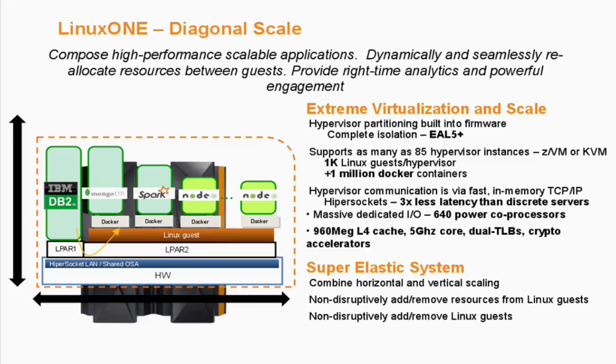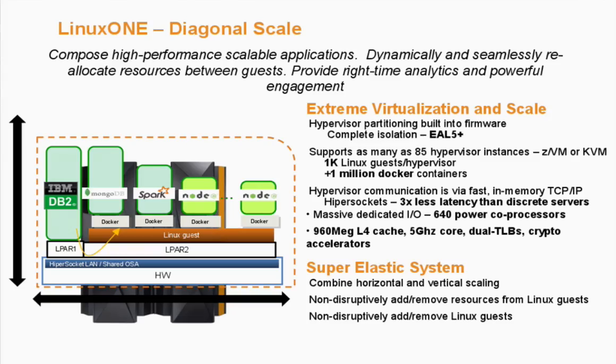Now, the unique thing on our platform is that you have diagonal scale capability. By diagonal scale, we mean not only can you do scale out, like you do on the x86 platform, we can also do scale up, meaning you can grow the partition that your workloads are running in.